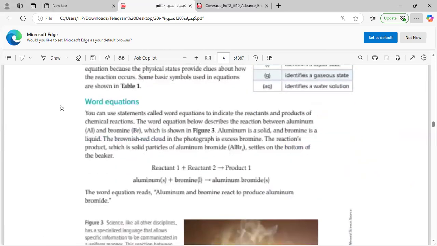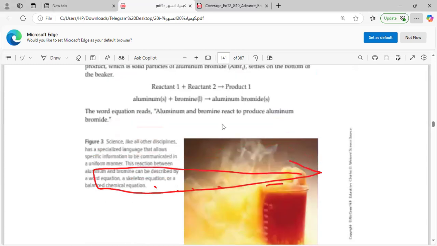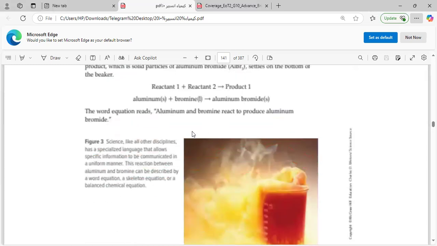From the word equation, because the question asks what the word equation is. Here it is: aluminium plus bromine gives aluminium bromide. So the reaction between aluminium and bromine gives aluminium bromide.